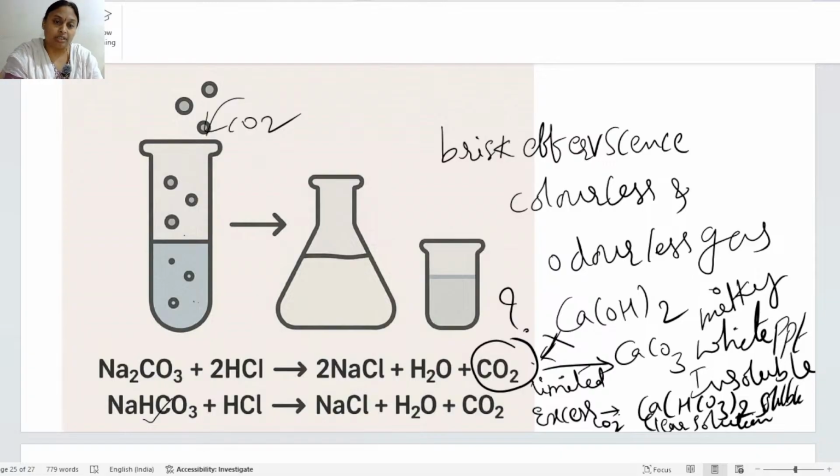So see here, with the bubbles some precipitation we used to see, but here we are getting the clear solution.